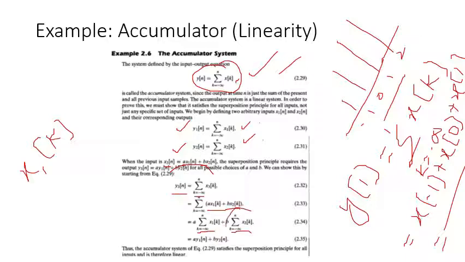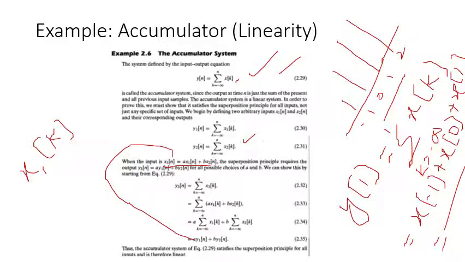So this whole thing and this thing, we can see that this was y1, and this was y2. It means that if we have addition at the input, we have addition at the output. This was scaling at the input, and this is scaling at the output. So this is how you prove linearity.